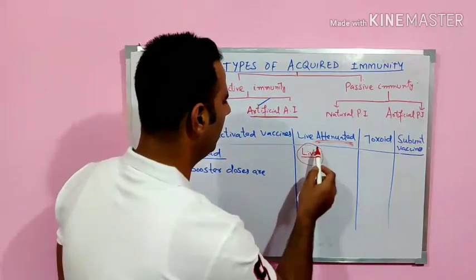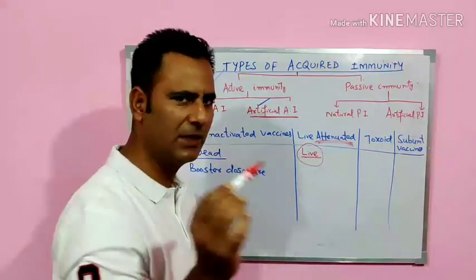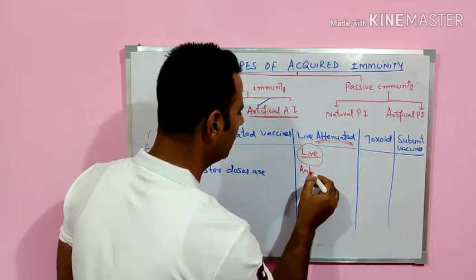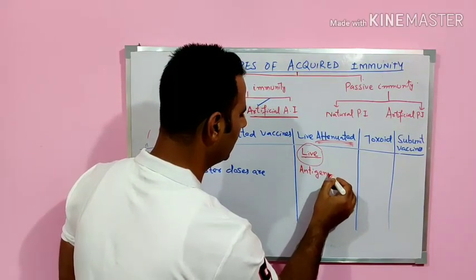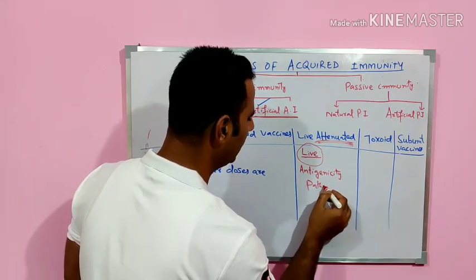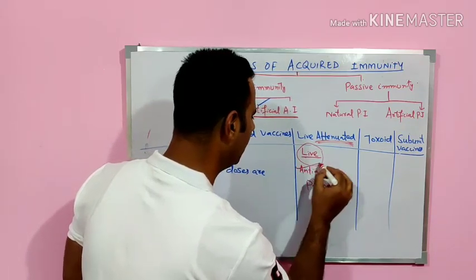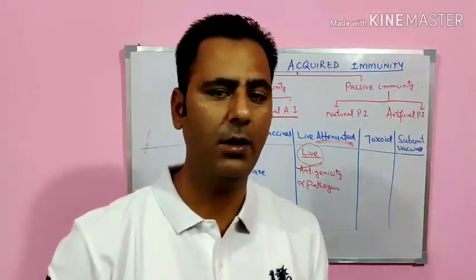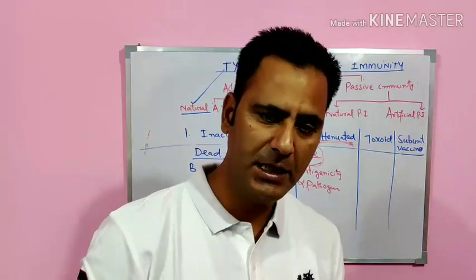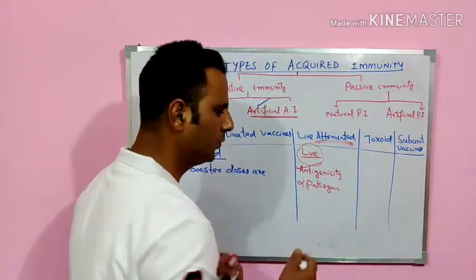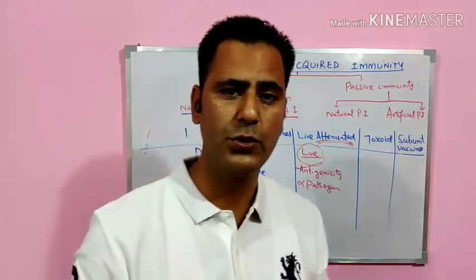And this type of vaccine must have antigenicity, but should lack what? Pathogenicity. There should be antigenicity and there should not be any kind of pathogenicity. These vaccines usually do not require booster doses.